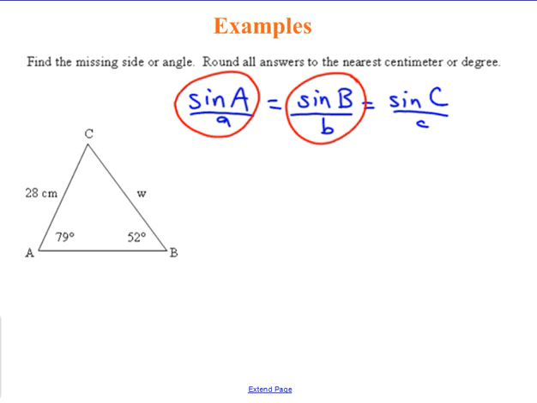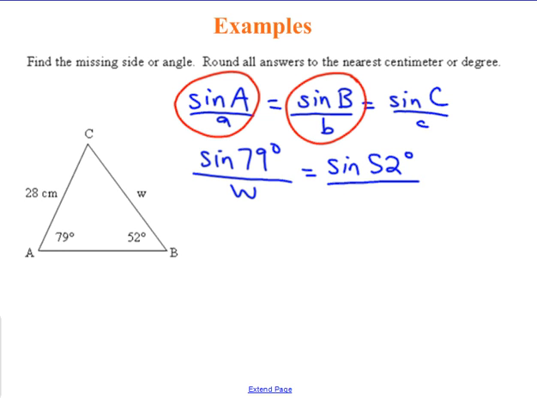So we set up our proportion by plugging in what we know. We know angle A, so that becomes sine of 79 degrees. We don't know side A, that's what we're being asked to find, so we put W in there. We know angle B is 52, so that becomes the sine of 52 degrees. And we know side B is 28, so we plug in 28.